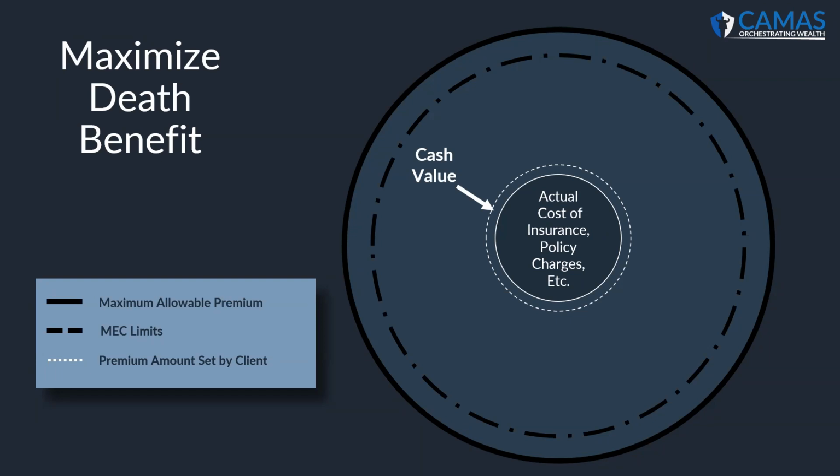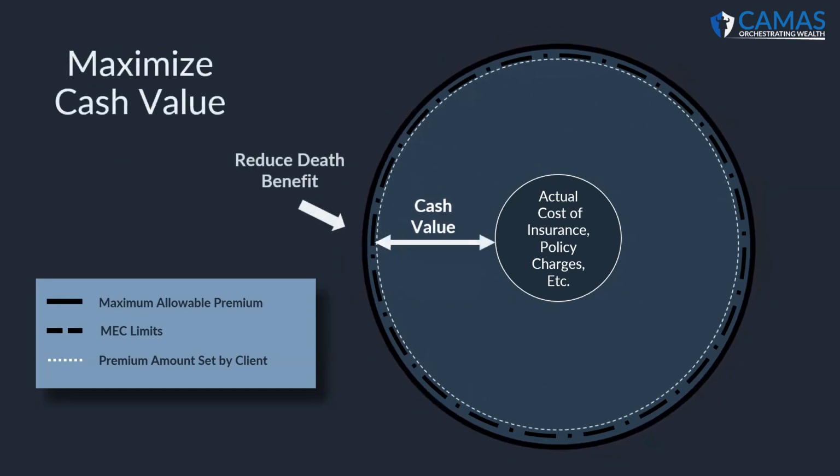We're looking at this because we want to pay off estate taxes, have estate liquidity to pay off debt, buy out a business partner, equalize distributions to the kids, provide for a special needs child. All of these things require death benefit. That's our goal.